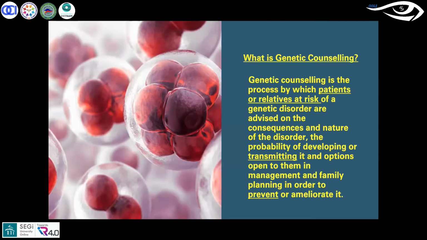If you see how it differs: an ophthalmology patient comes to you with cataract, you do a surgery, and they become all right in about a week or so. Or they come with a refractive error and you correct it and they become all right in just about half a week.